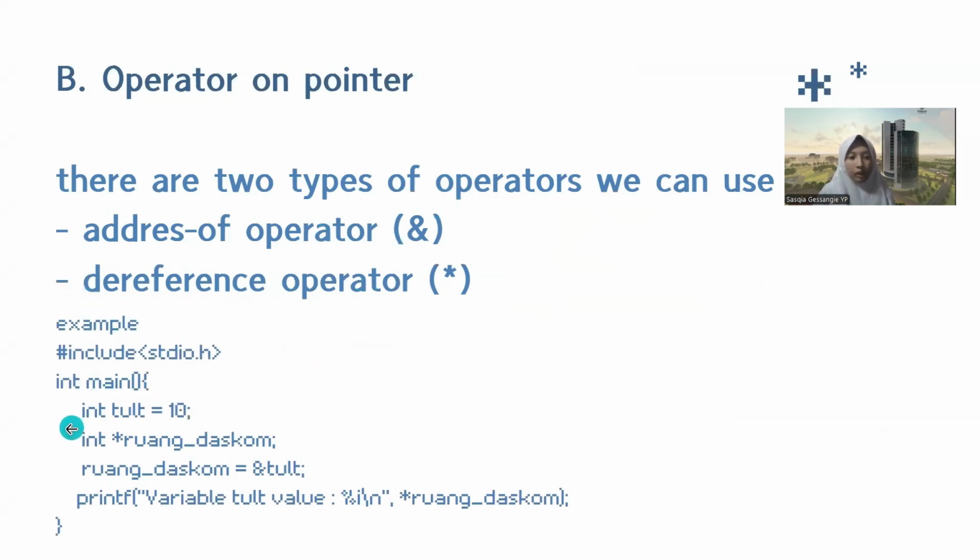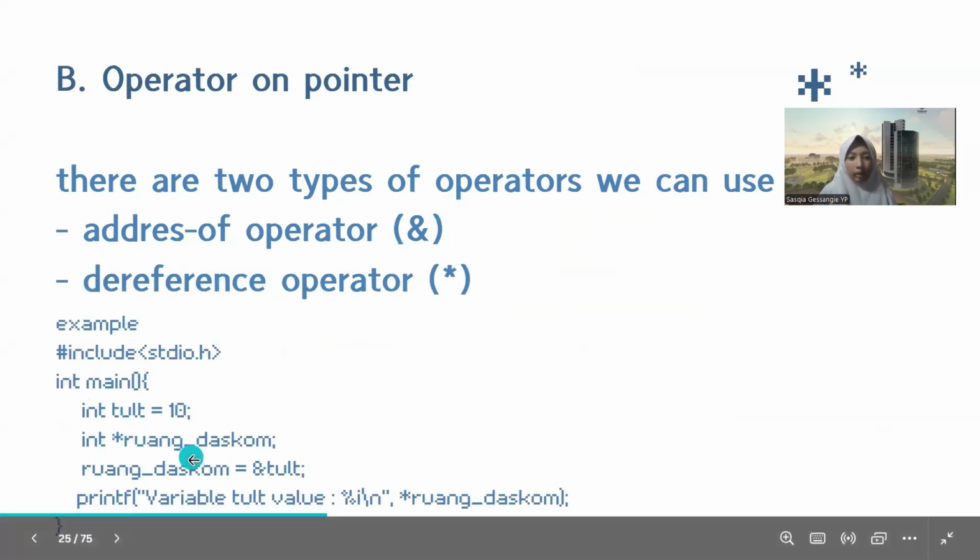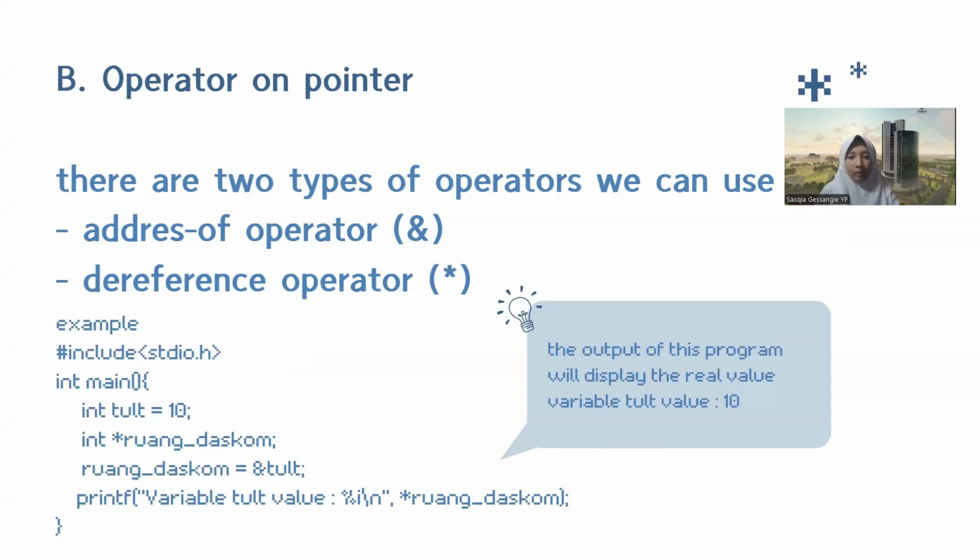But here we are going to declare the variable of this reference operator using asterisk. This variable is going to be used to call the memory address of the variable, and then we display the value using asterisk and the variable. The output of this program will display the real value, which is 10.